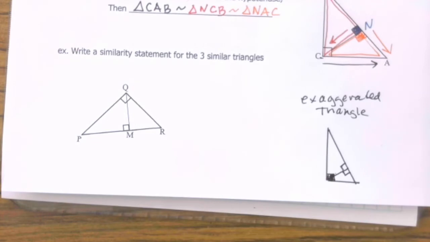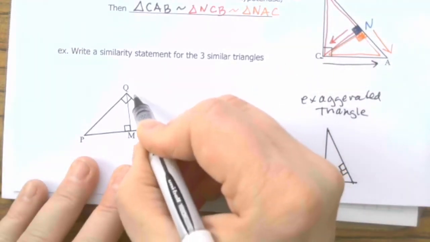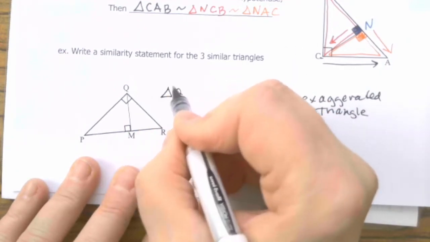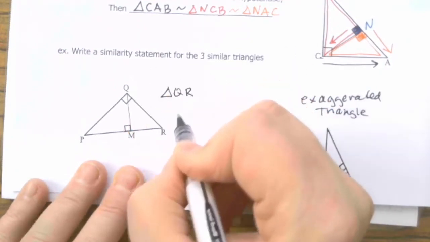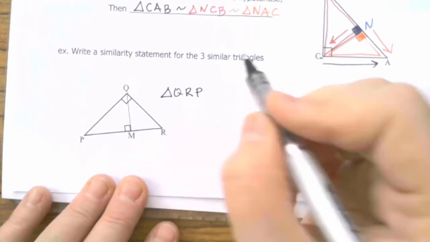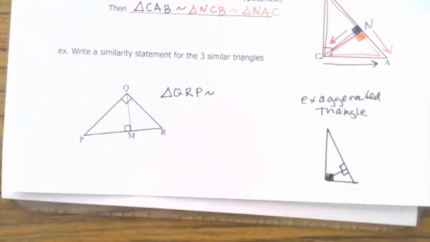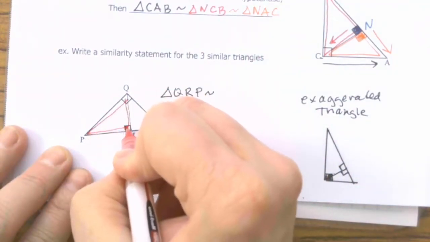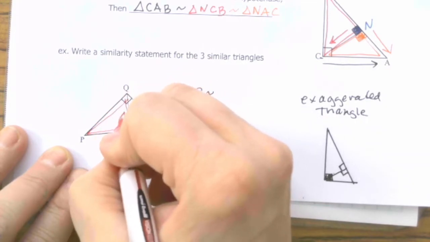Okay, write a similarity statement for the three similar triangles. Okay, so this is QR, my short side. So triangle Q from the 90 down the short side to R across the hypotenuse to P is similar to, now let's do the medium triangle. This is the medium triangle. You have a 90 degrees, and that's the short side.